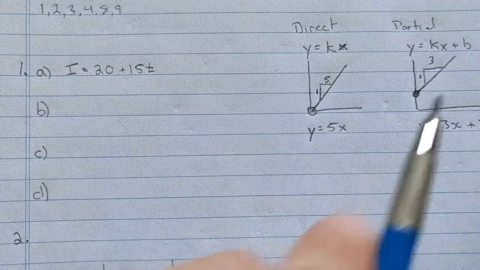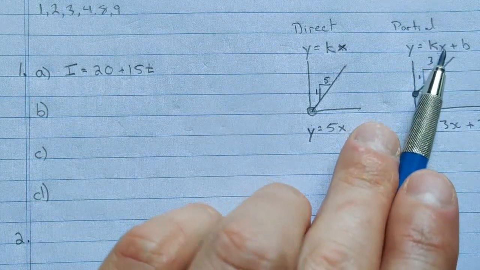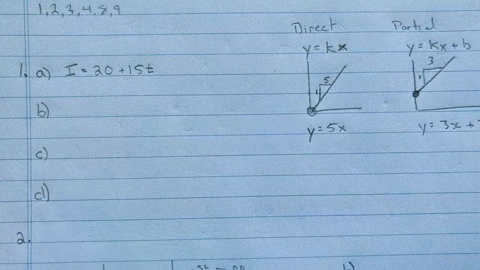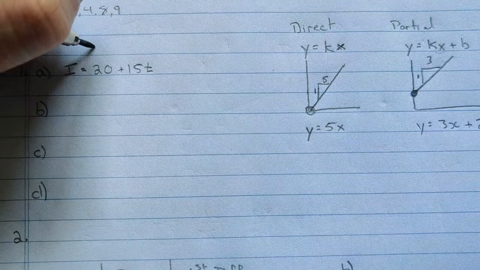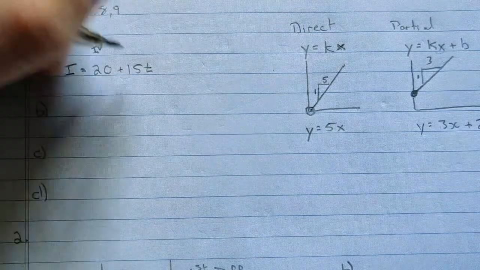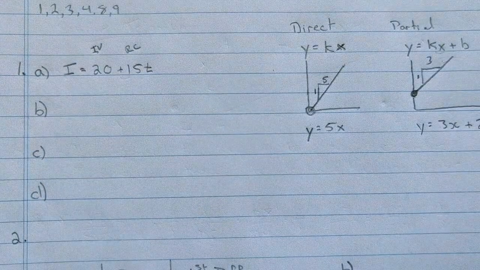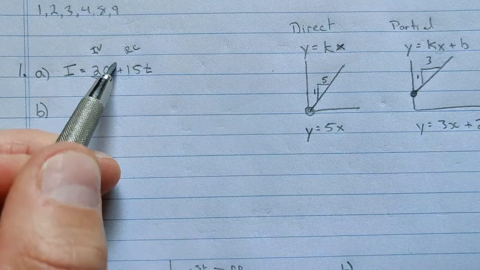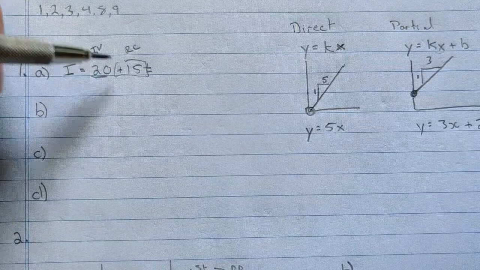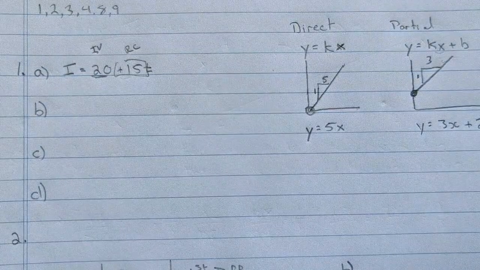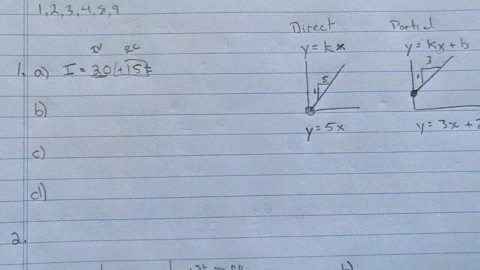This looks like the partial variation, other than our x variable, in this case a t, is just at the end. But this is our initial value, call it IV, and this is our RC, or rate of change. So that easily picks those out. 20 and then plus 15 are the two values. Note that I said plus 15 because that positive sign connects with the rate of change. The temperature is going up, meaning this graph is going to slope up, similar to the examples here.